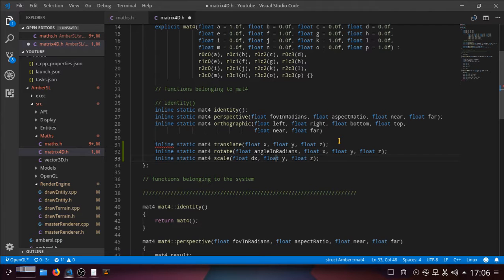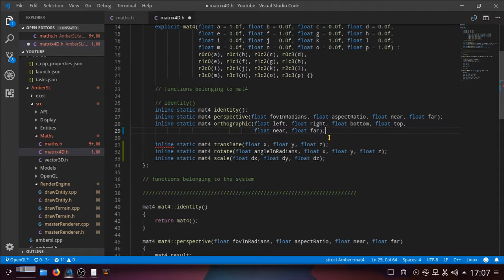I just put dx, dy, and dz. That indicates a change because we're scaling. We're actually changing the value by a scale factor, which is dx, dy, dz. That is not a positional vector. That is a scaling vector. Okay, we got them 3, and I still got an inline problem because I forgot a semicolon.